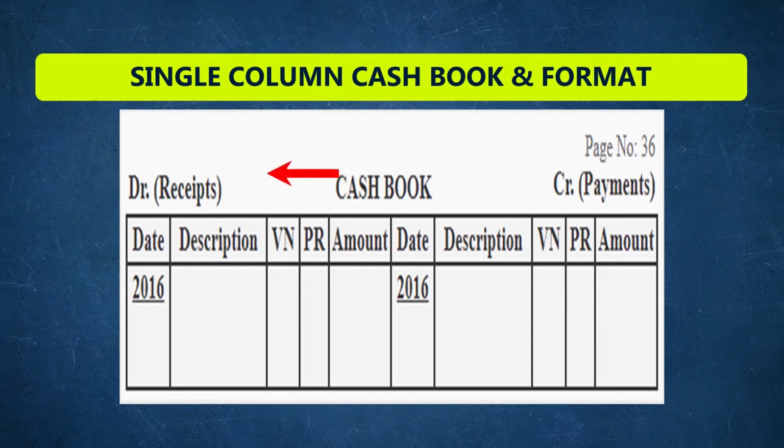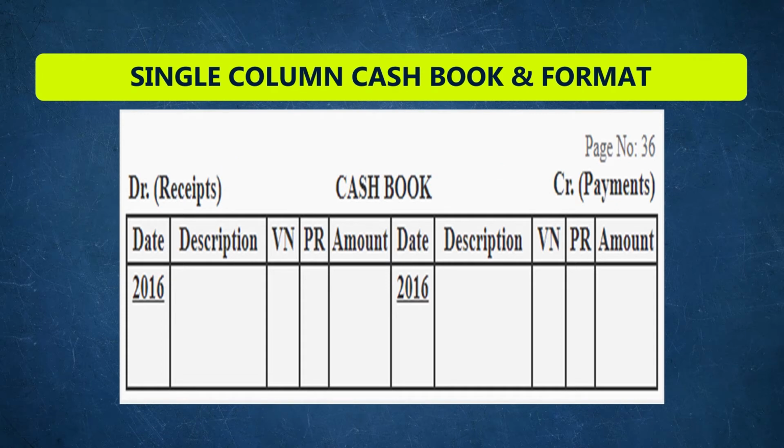This left hand side is known as the debit side and this right hand side is known as the credit side. As we have written, CR stands for credit and DR stands for debit.